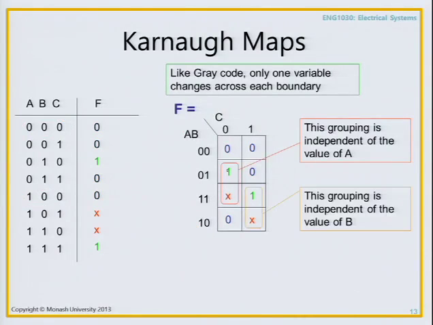So over here, this 1 is covered by this first box, and you'll notice here that it takes in also this don't care, this X. You're allowed to group X's with 1s, because X's could be 1s. That's what we're saying. We don't care what the output is, so we assume it's a 1. So we take this group of 1 and X and we put a box around it.